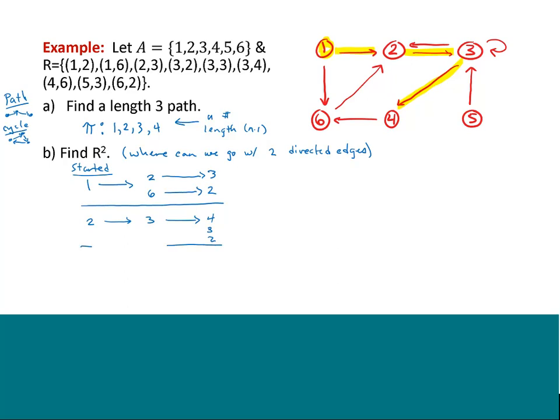Now, notice what we're doing in terms of this strategy. We're trying to be strategic here. And yes, this would be something where we'd need to do this for every single one of the numbers in your building set. In other words, every single one of these vertices. Now, I'm going to show you a shortcut after we finish with this example on how you can get R2 a whole lot quicker, okay?